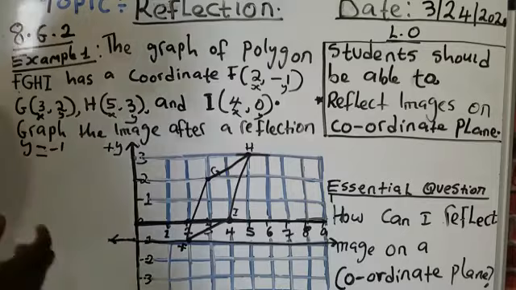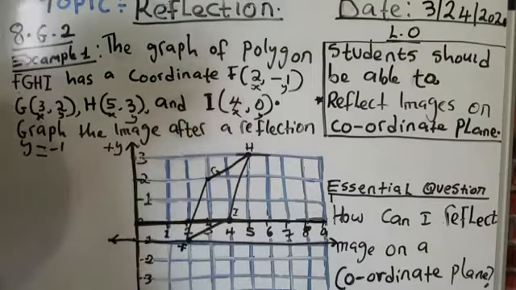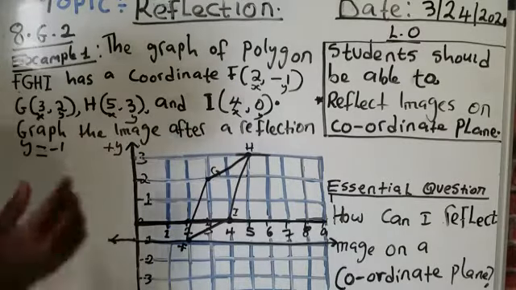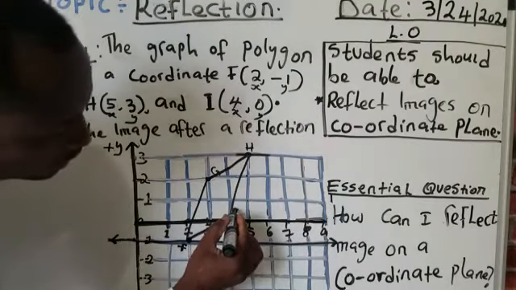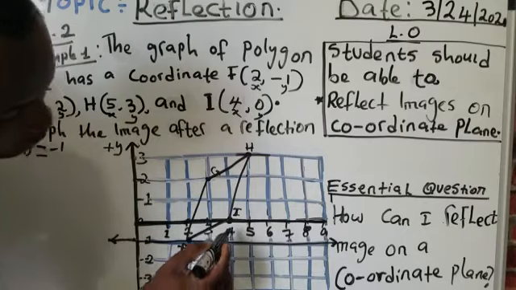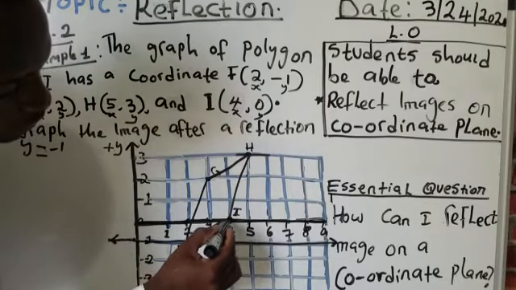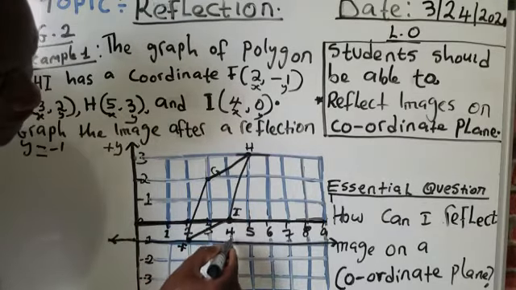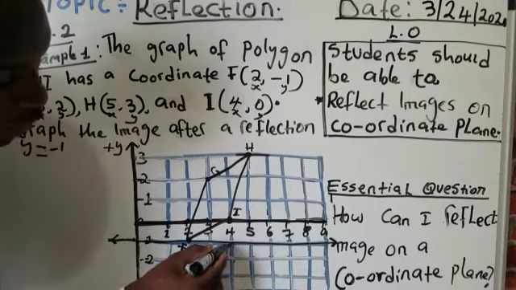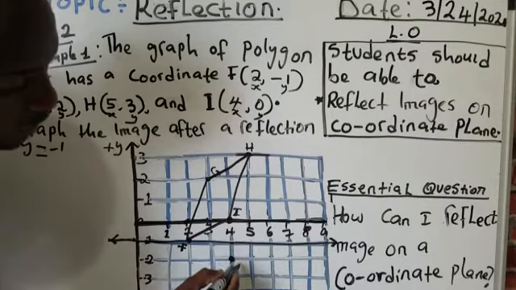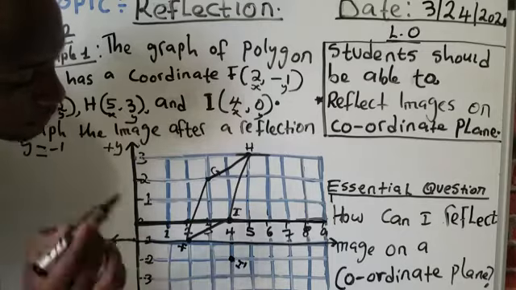So, how do we reflect this? Now watch. Let's start with I. From this point to the reflection line, it's 1 unit. So count 1 unit down. It's going to be I prime.